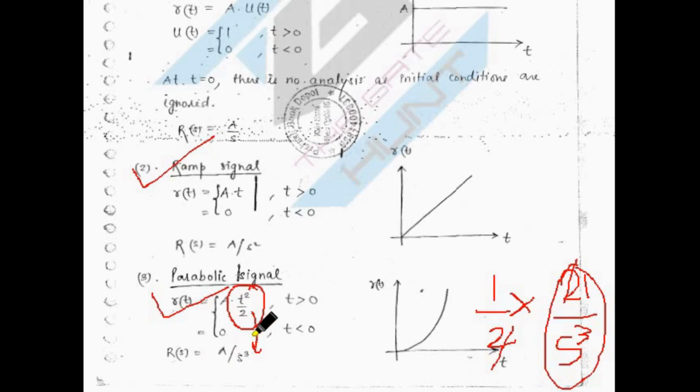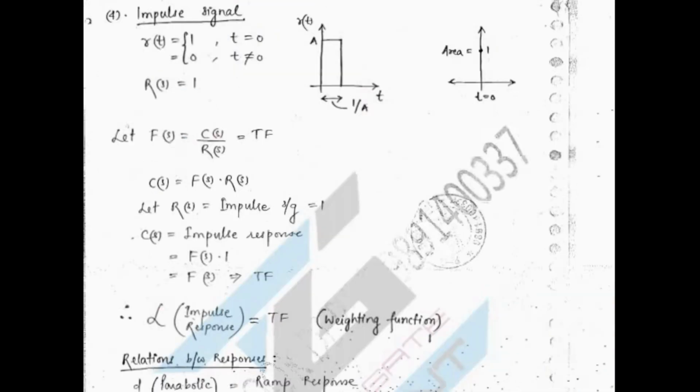So now we'll move towards the last singularity function, that is your impulse signal. The impulse function is the last singularity function. It is represented by r of t is equal to 1 at only t is equal to 0, and for any other values, either t is equal to 1 or 0.1, it is considered as 0.